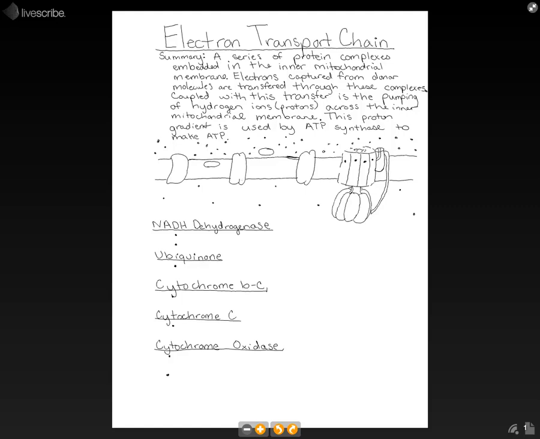So now we're going to look at each of the different proteins and what they do. The first protein is NADH dehydrogenase, and that's here. And it takes 2 electrons from NADH, or whatever the donor molecule is. Next, it's going to pump 2 protons across the mitochondrial membrane.